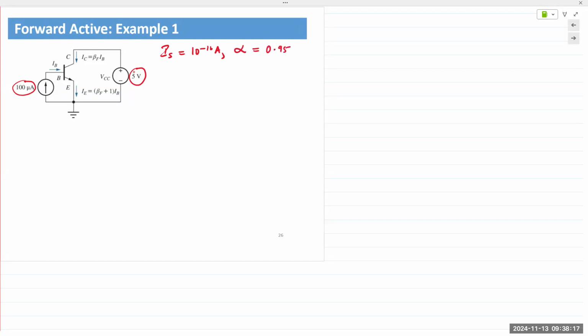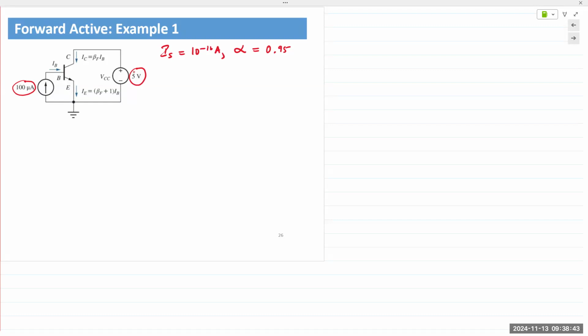Alpha, as a reminder, is the ratio of the collector current to the emitter current, IC divided by IE. It's not quite equal to 1, but it's very close to 1. Typically, it's 0.99 or 0.999.